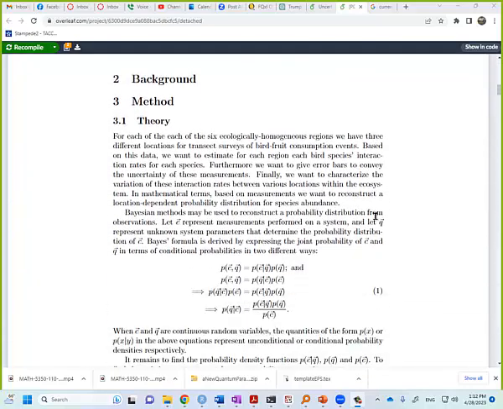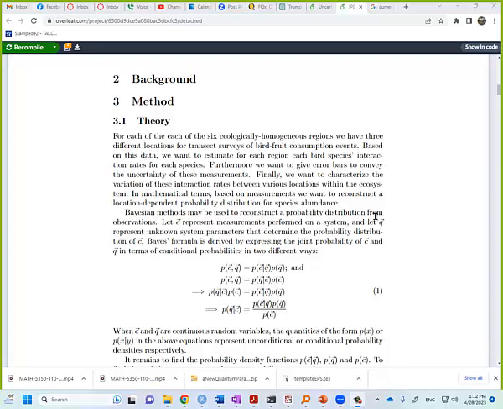So the idea is that you have 6 regions. Each region has 3 locations. When you do the observations within each region, you get different results for each location.